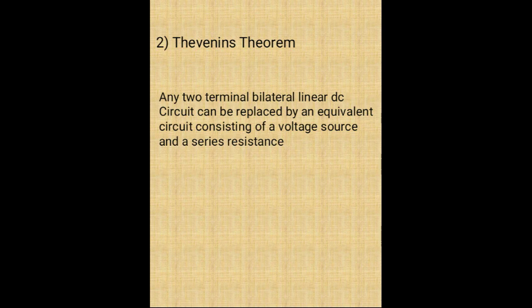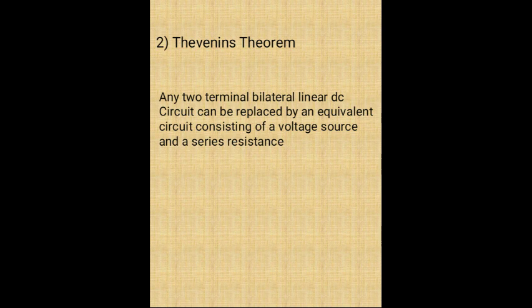First, we have to know what is a bilateral or linear circuit. Bilateral elements are those elements whose excitation to response is independent of direction of input. It means response is independent of the direction of excitation.